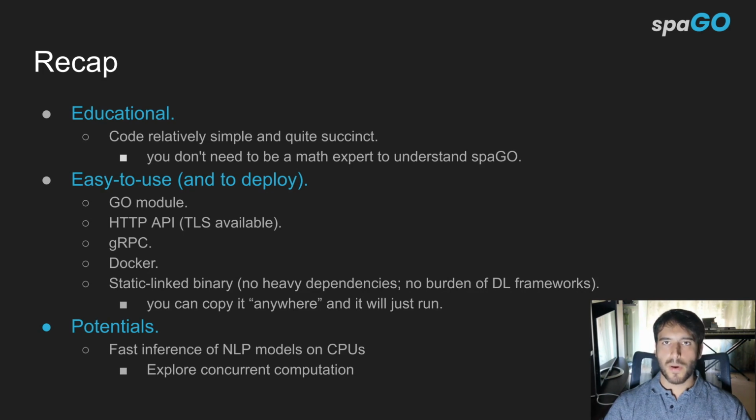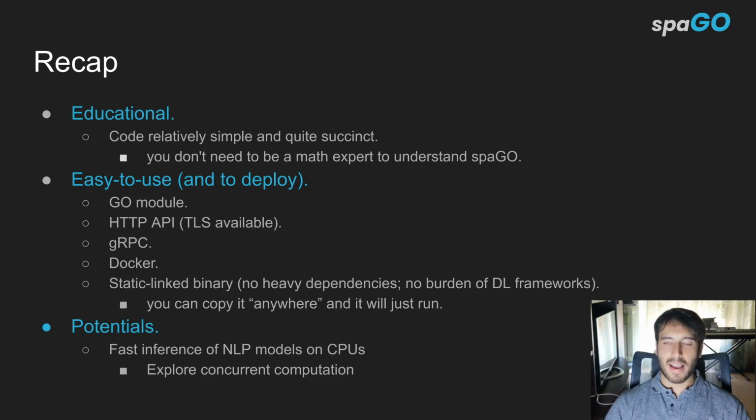Even better, you might use gRPC, which, using protocol buffers, is much faster than the JSON HTTP API. If you are too lazy to just copy and paste the static linked binary of spaGO, you can use the Docker container. It's really as you prefer.